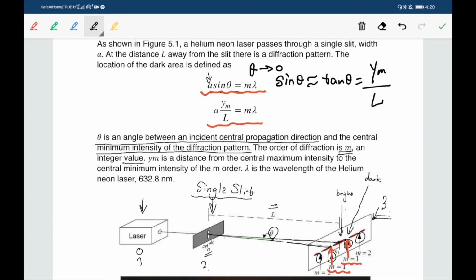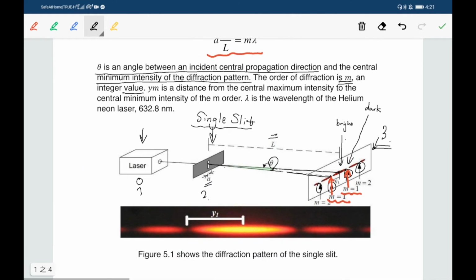And lambda is the wavelength of the helium neon laser, a very accurate number for the wavelength.